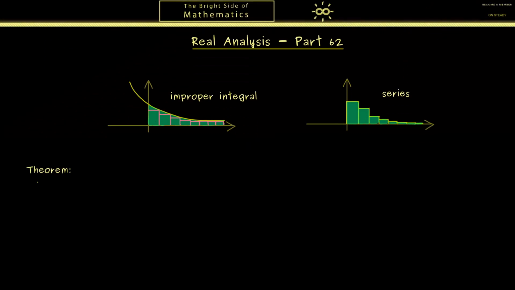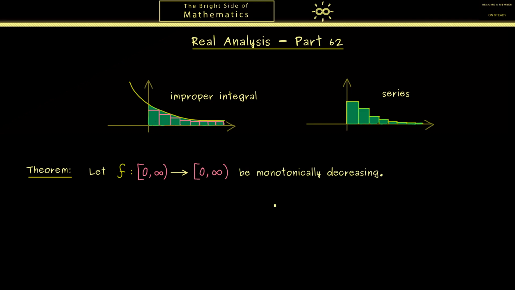So this is a theorem often called the integral test for convergence. Now what we need is a function f with domain given by the interval 0 to infinity, which is also non-negative. So we could write that the codomain is also the interval from 0 to infinity. However, what we also need, as you can see in the picture, is that the function is monotonically decreasing.